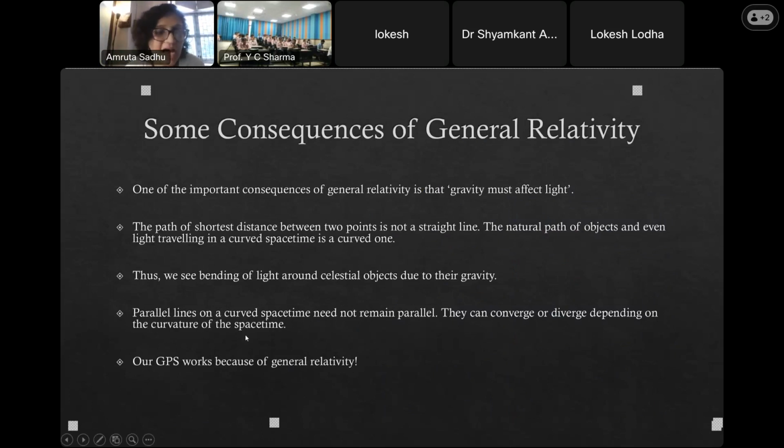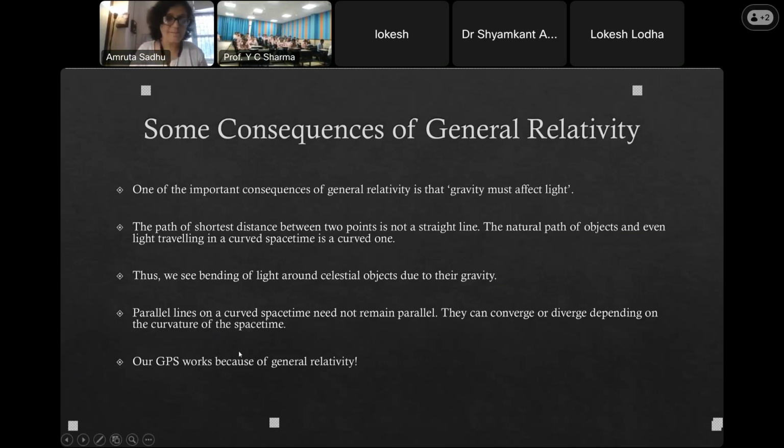And this is actually one of the tests of general relativity. This was actually observed in 1919, and this is how we said that, okay, this strange theory which asks us to do a lot of complicated mathematics is true.